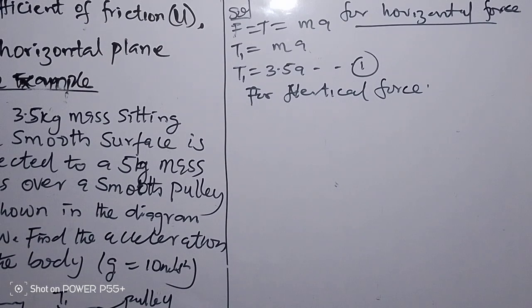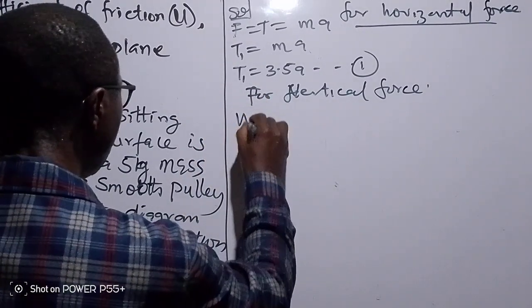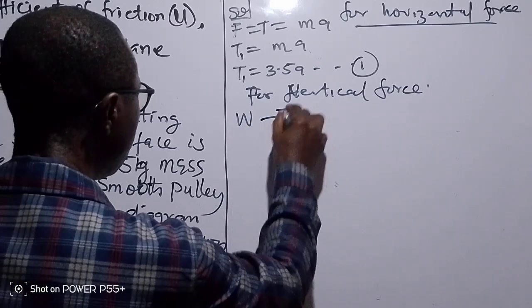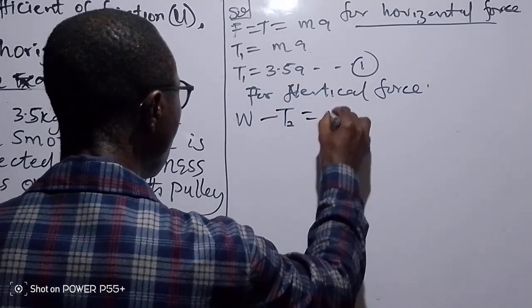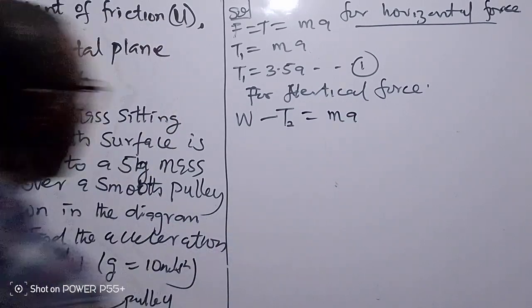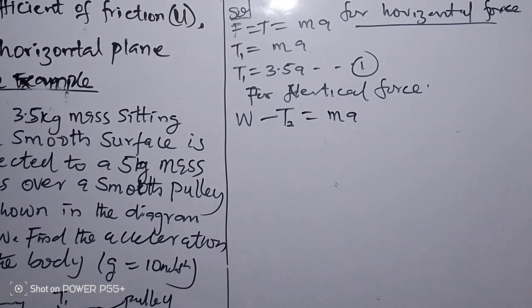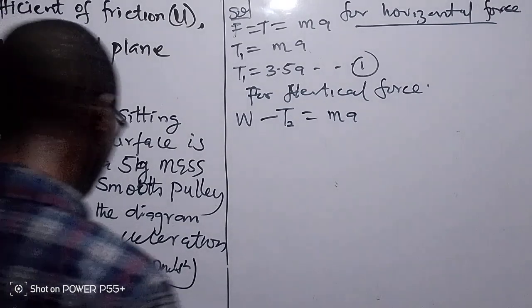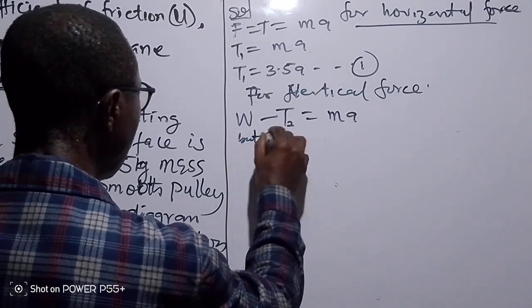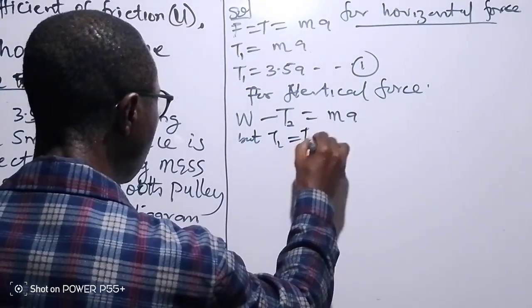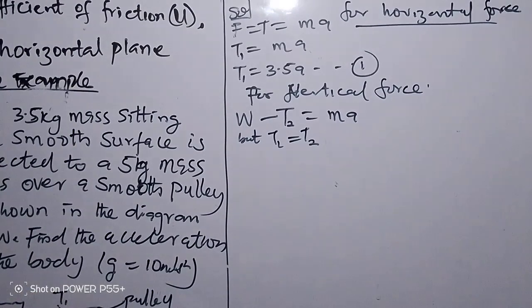So we are going to have W minus T2 is equal to MA. If that is the case, do note the tension T1 will be equal to T2, because it's the same string. So it will have the same tension.